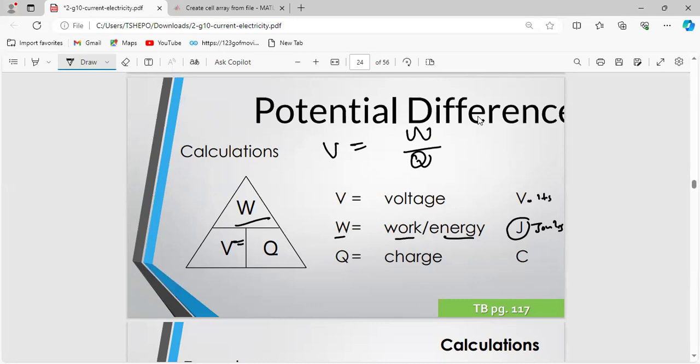And here we have the charge, whose units are called the coulombs. So for charge it's coulombs, for work or energy it's joules, for voltage, which is letter V, it's volts. The formula that we use to calculate the voltage is V is equal to W over Q.